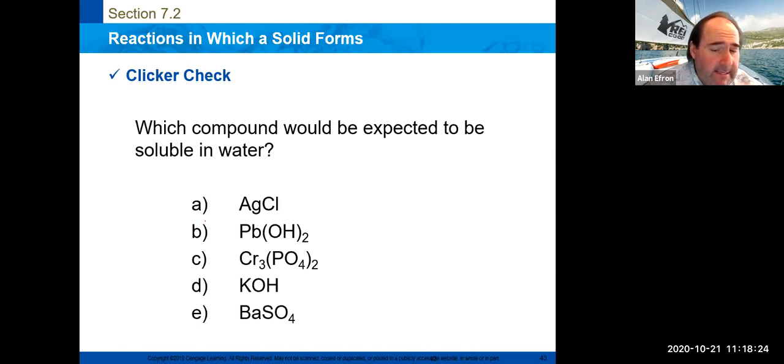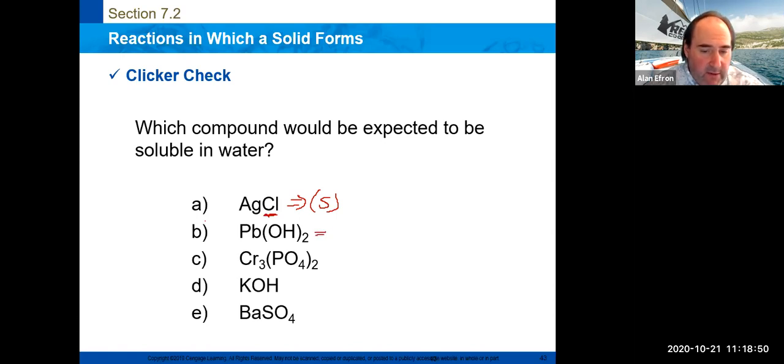Looking at the first one, again, we see chloride, as we talked about a number of times. They're soluble in everything except one of the exceptions is silver. So we would expect this one actually to be a solid. Hydroxide is typically insoluble, except if it's group 1 or barium and stuff like that.